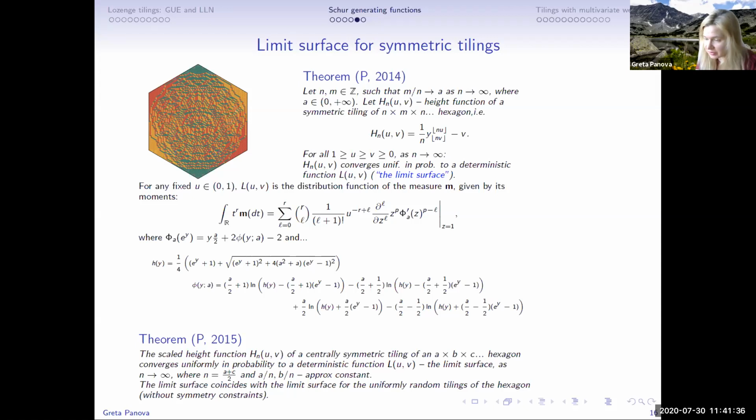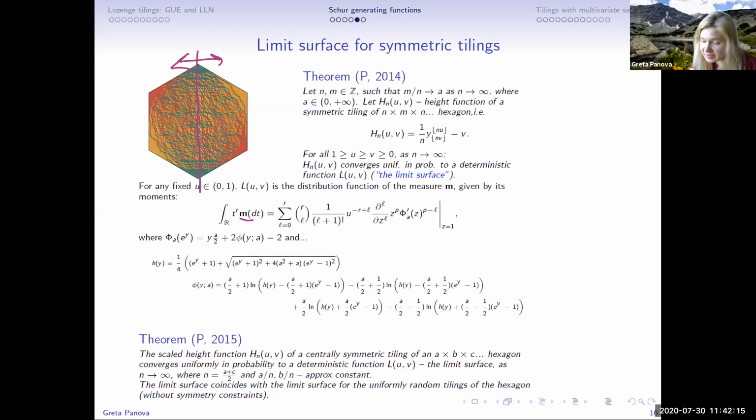Okay, so let's see what we can do for symmetric tilings, for example, using this formalism. The symmetric tilings in this case are centrally symmetric. Again, picture thanks to Leonid Petrov. And we can prove the existence of the limit shape using this theorem, and we have a formula in some sense for the moments.